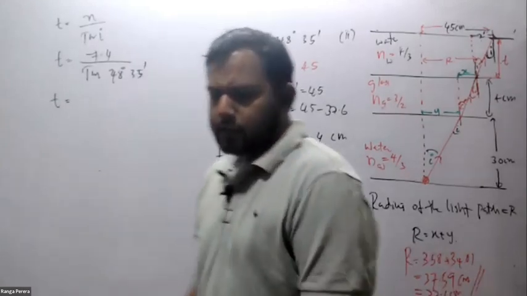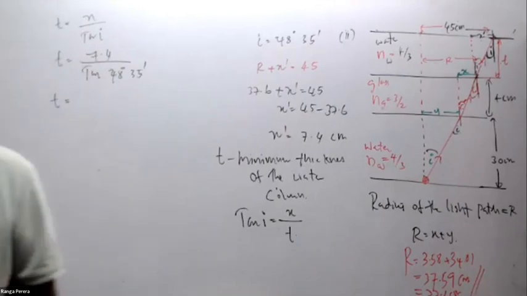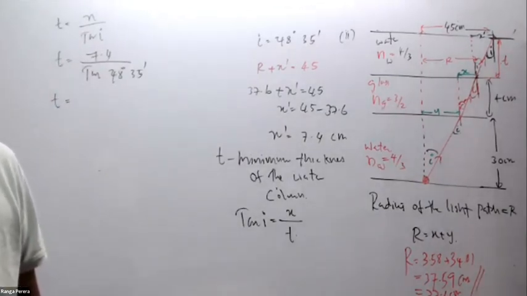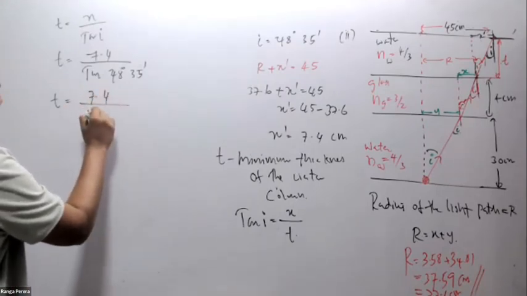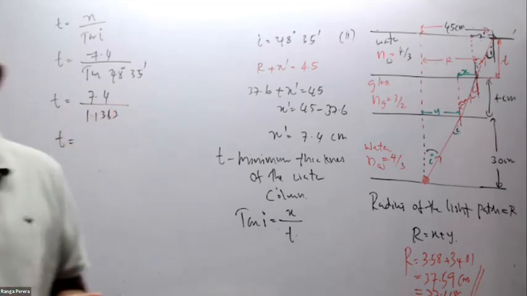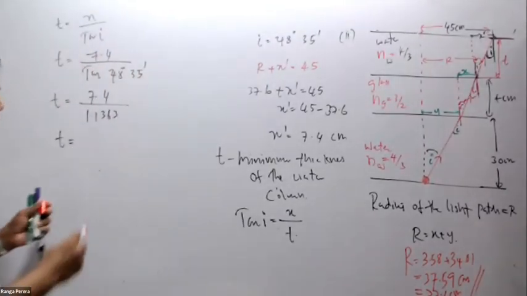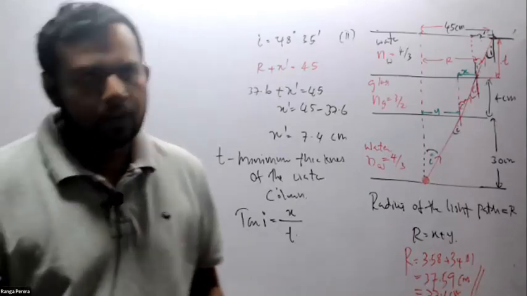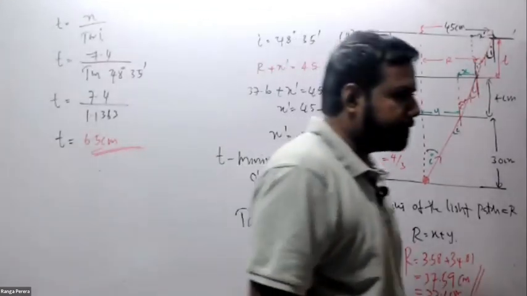Did we calculate tan 48°35′ earlier? Can one of you tell me the value? Tan 48°35′ is 1.1363, right? 7.4 divided by 1.1363, the minimum thickness, how much is that? 6.5 centimeters. It is the minimum thickness that you should place. So the entire surface is now covered.